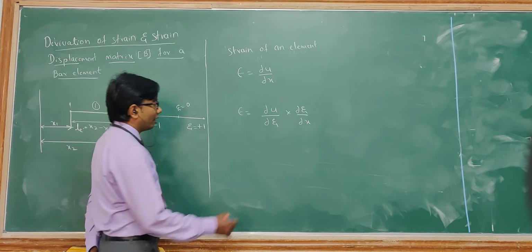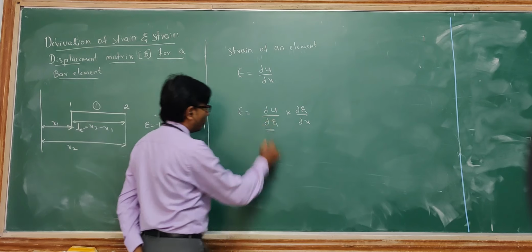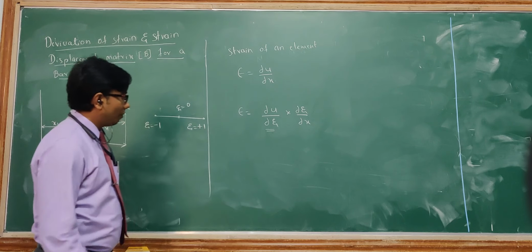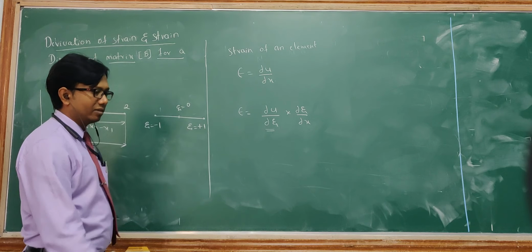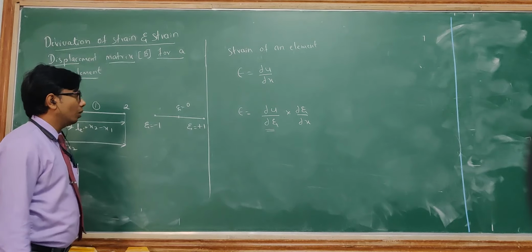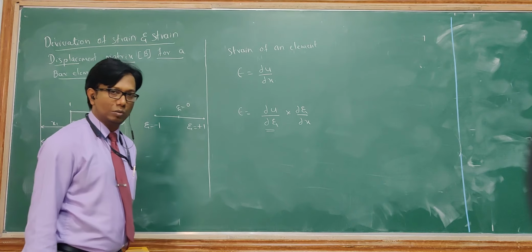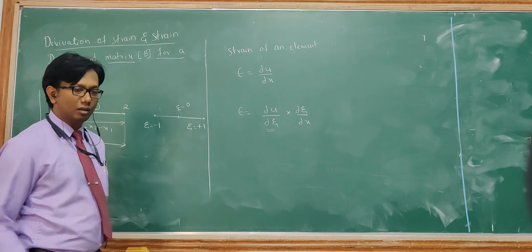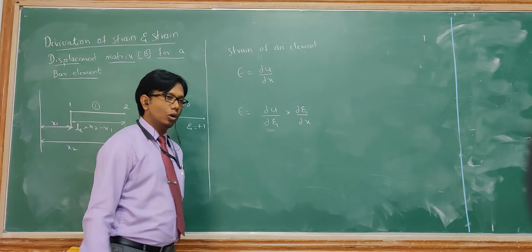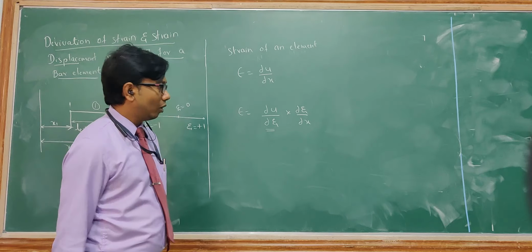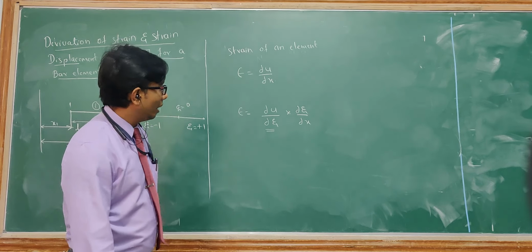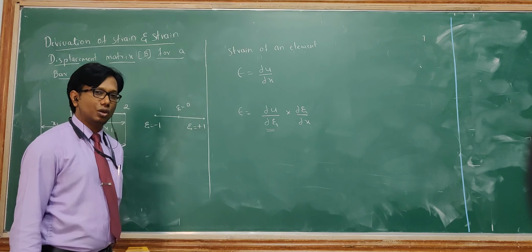Okay, so first we will try to solve this, dou u by dou zeta. From your previous session you have seen how to write the field variable in terms of nodal displacements. The field variable and the nodal displacements can be related with the help of a parameter called the shape function.